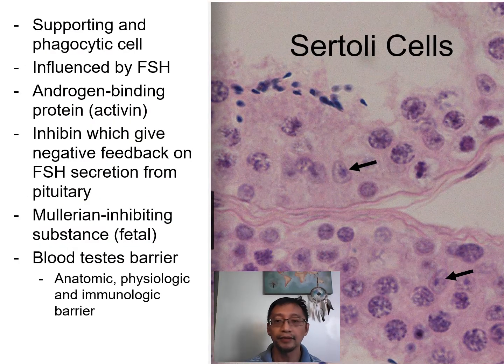In the seminiferous tubules, in the germinal epithelium, you have intervening Sertoli cells. Here, the Sertoli cell is perpendicularly oriented with respect to the basal lamina. The Sertoli cell is important in supporting the growing germinal epithelium. It provides your blood-testis barrier anatomically, physiologically, and immunologically.